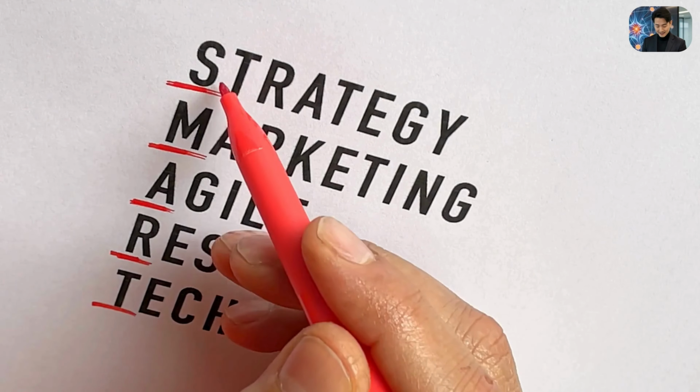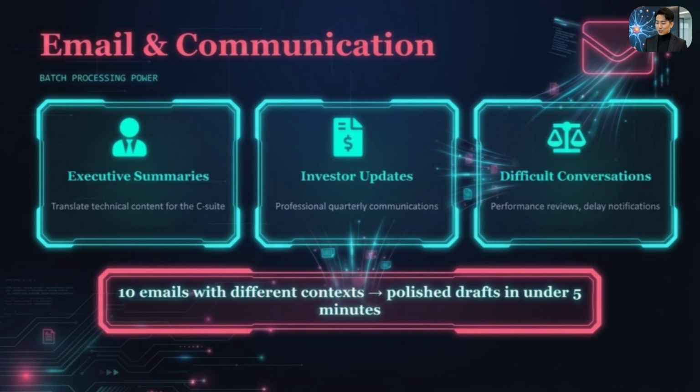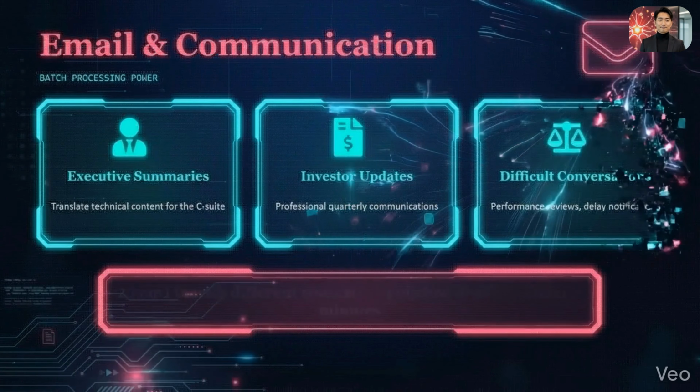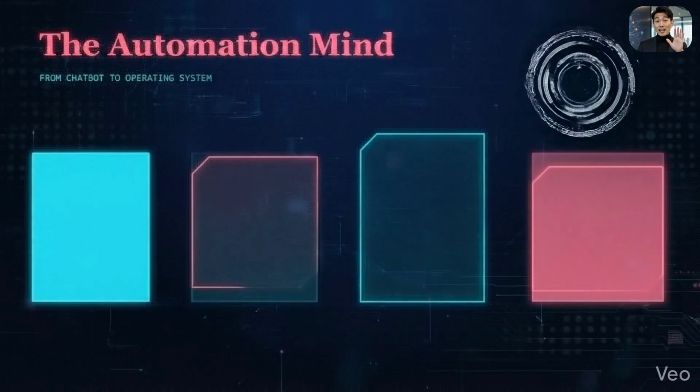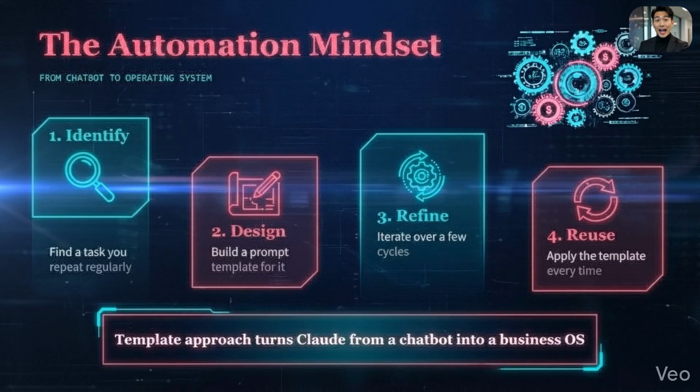The real power is batch processing. Give Claude 10 emails to draft with different contexts and recipients, and you will have polished drafts for all 10 in under 5 minutes.